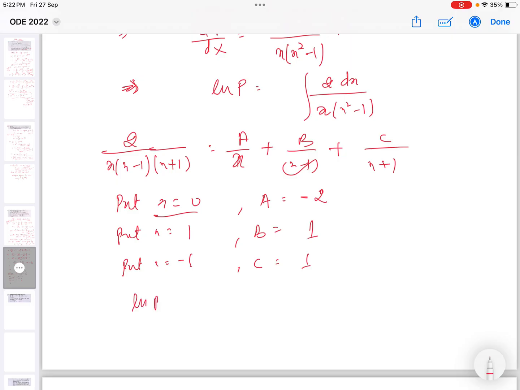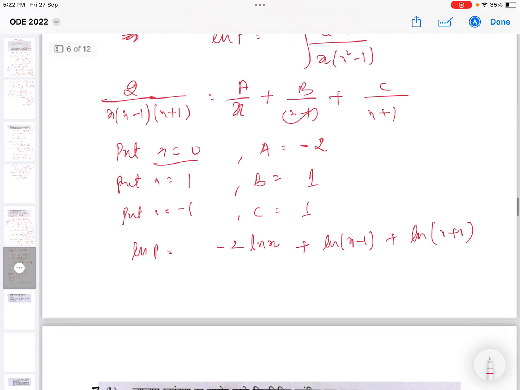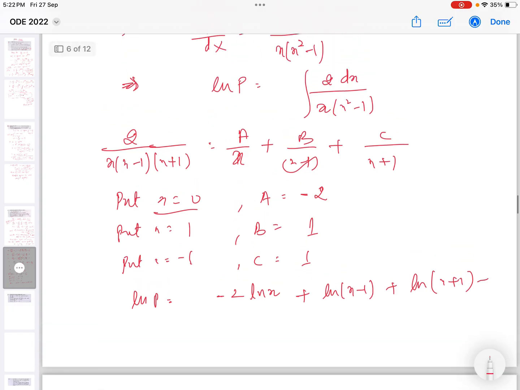So ln p is equals to minus 2. If we integrate, then it becomes ln x. I'm just doing direct integration, substituting these values here. So b would be ln x minus 1, c terms would be ln x plus 1. And since we have integrated, there will be some constant.